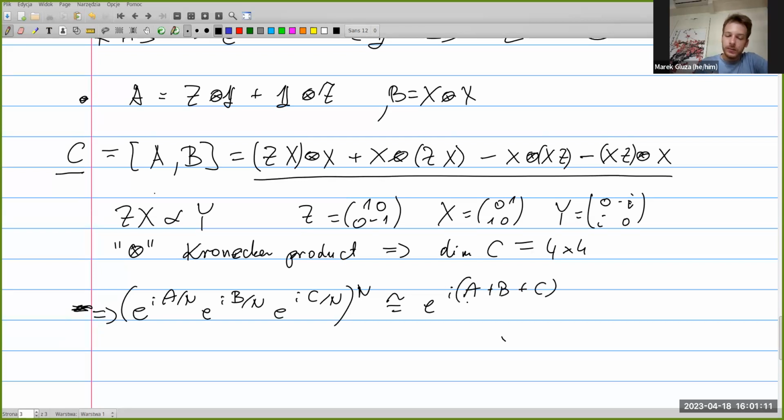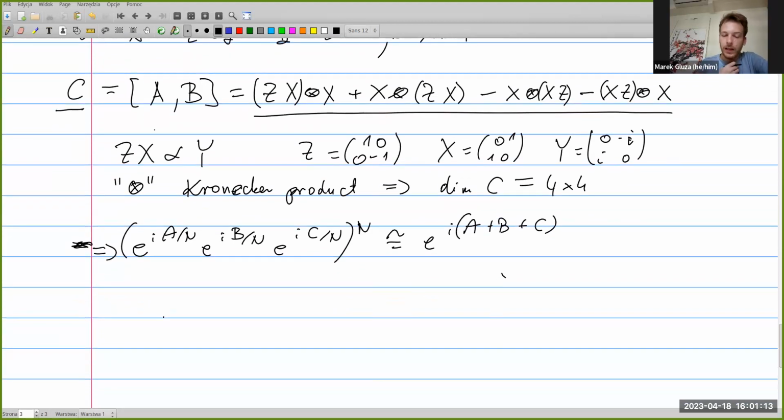And now how to do this with e to A, B, C, and so on. So I have to have e to I A over n, e to I B over n, and then, for example, e to I, this operation squared, because I want to remove the 1/2 later. Okay, let me put the 1/2 there.